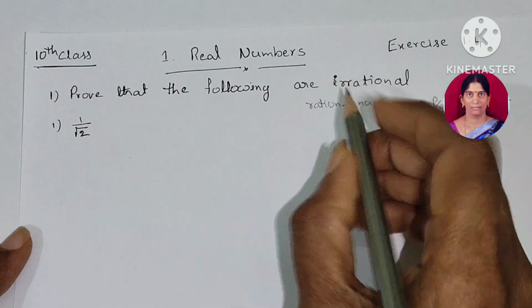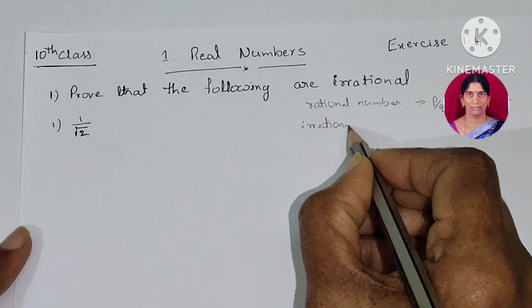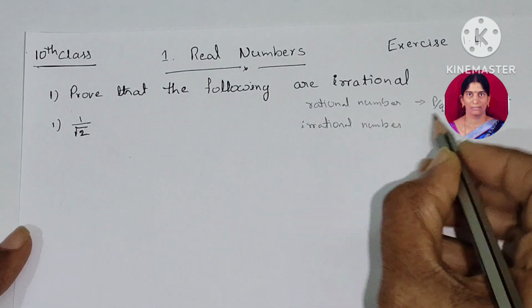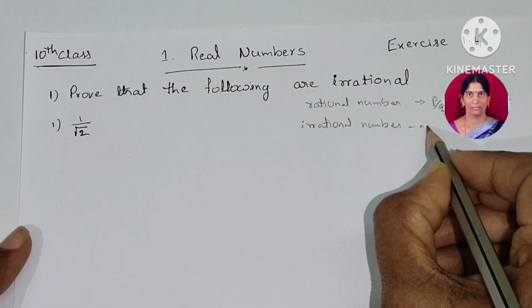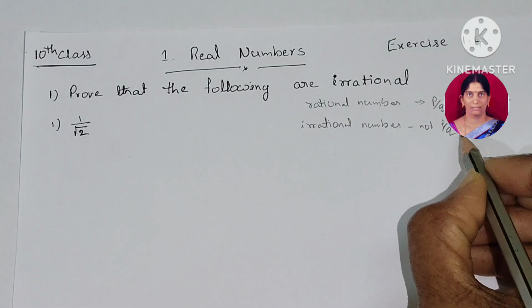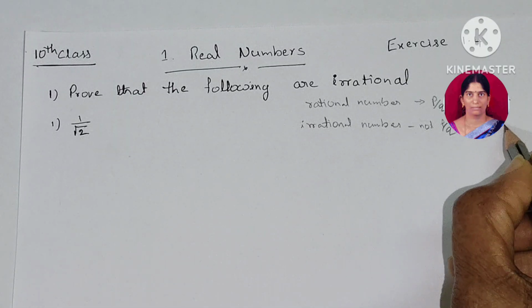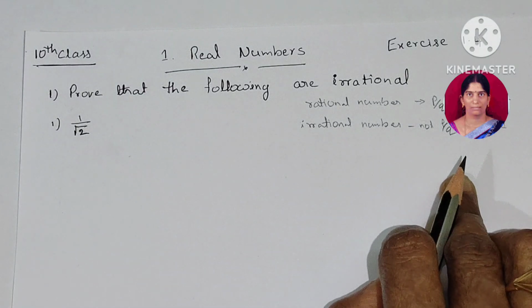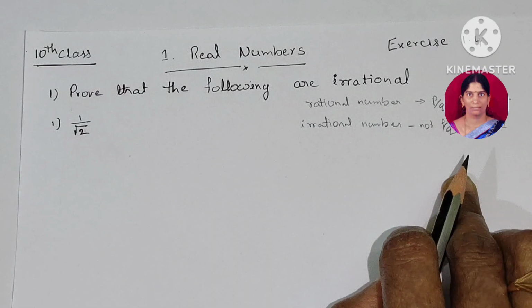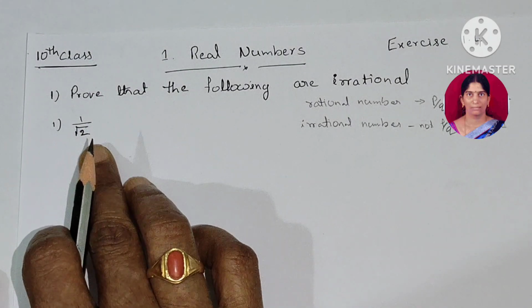Irrational numbers are numbers we cannot write in the form p by q, where p, q belong to integers. So these are the rational and irrational definitions. Now we prove that 1 by root 2 is an irrational number.